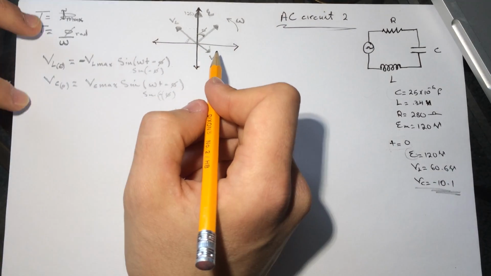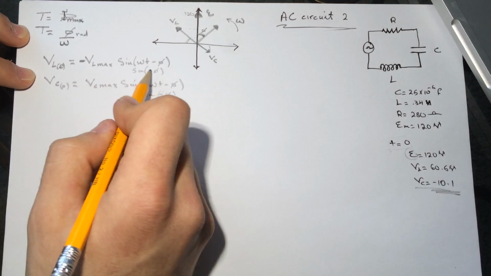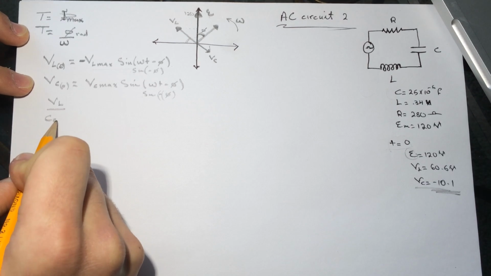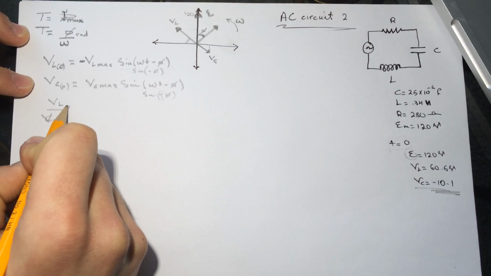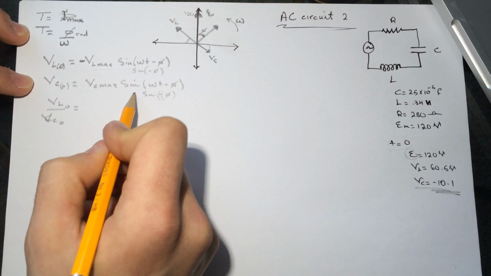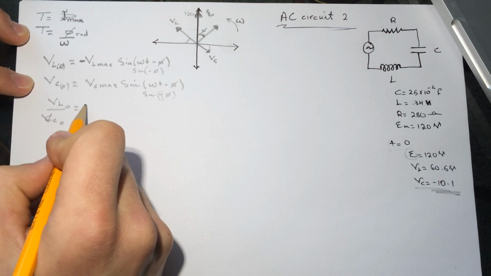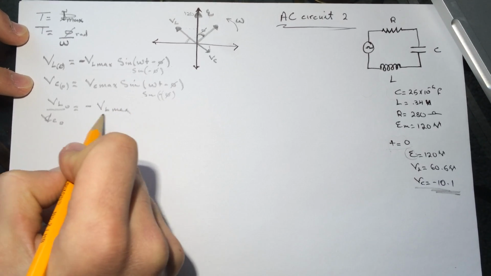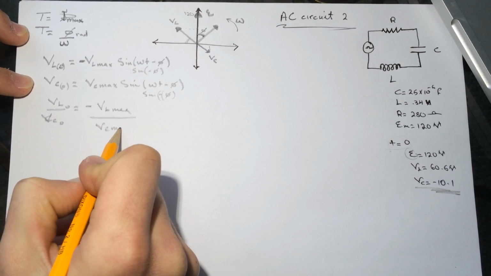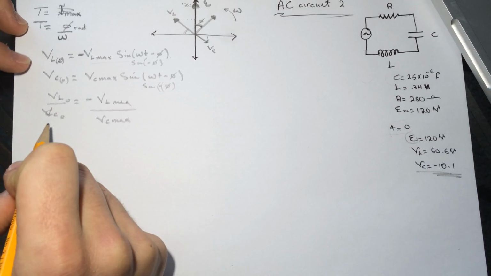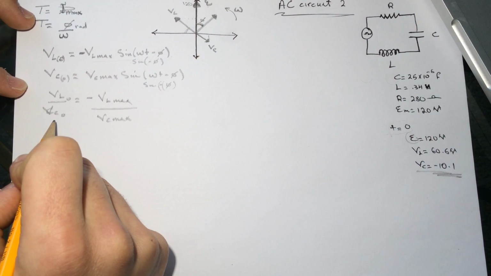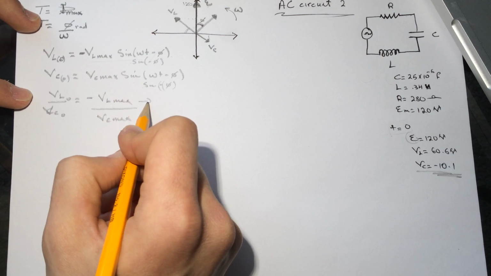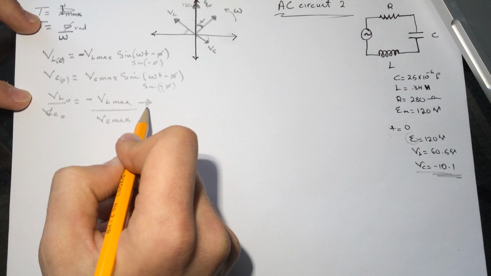Alright, so if we take the ratio VL divided by VC at time 0, this will cancel and we'll get minus VL max divided by VC max. Okay. Alright, so let's just substitute the values here.